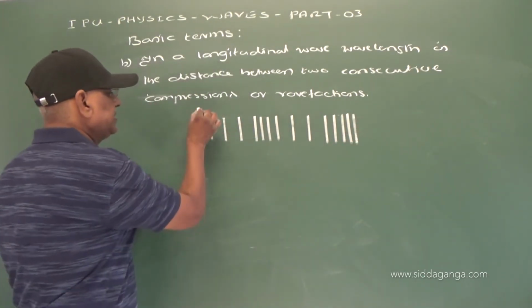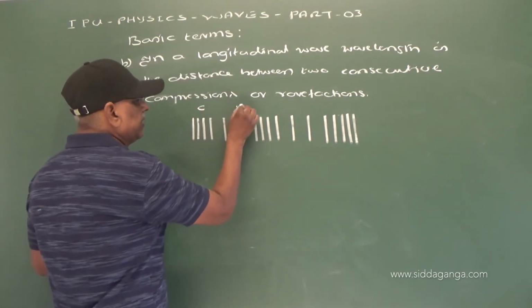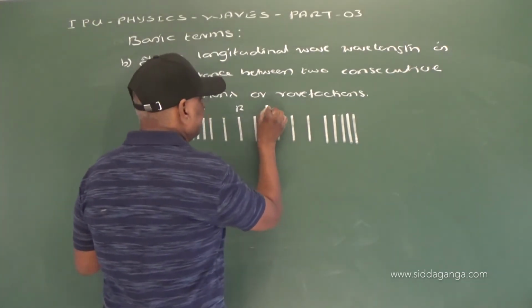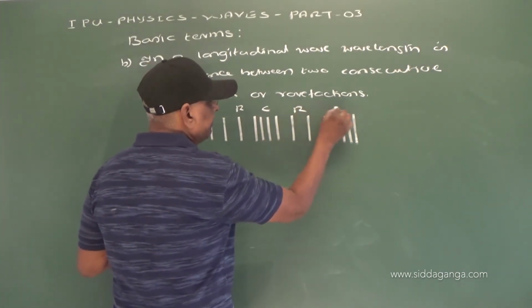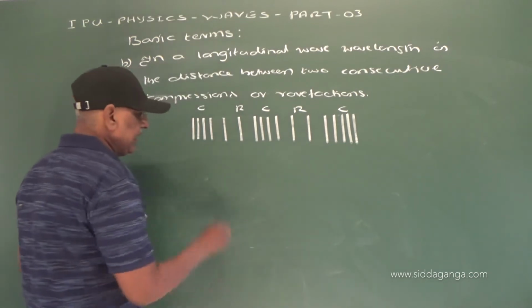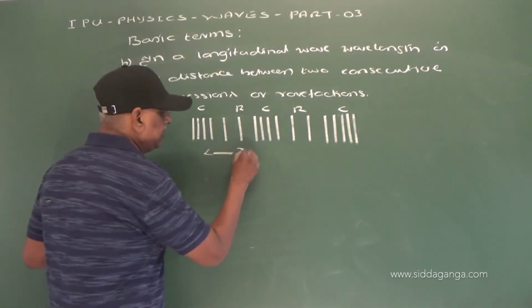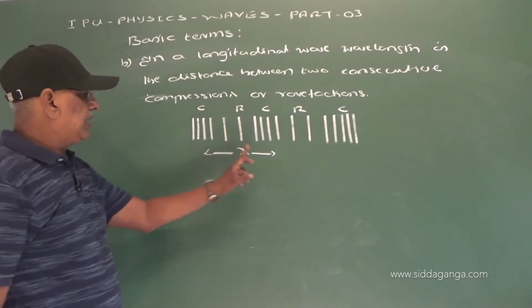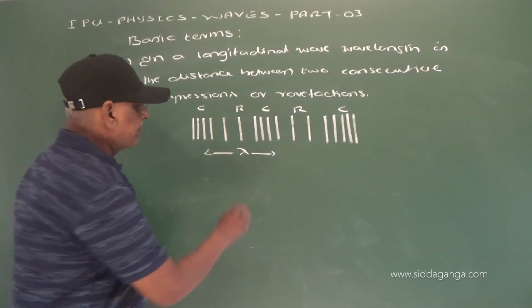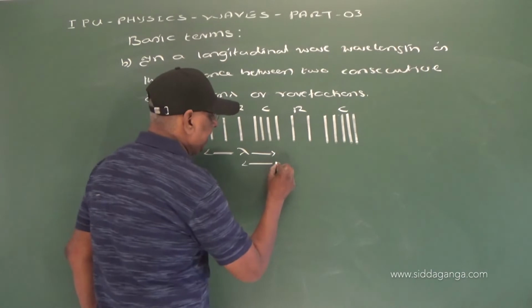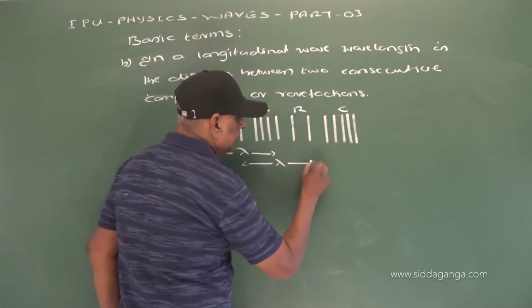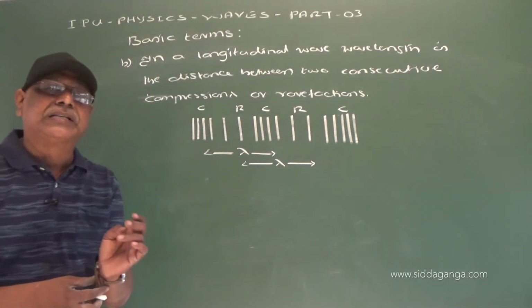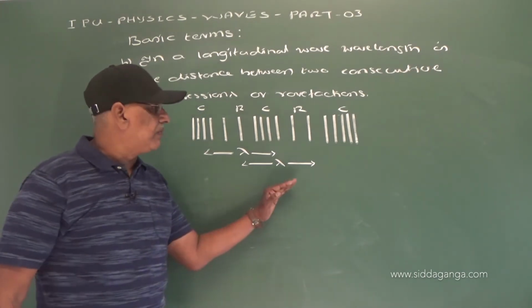See here, this is compression, rarefaction, compression, rarefaction, compression. Here, the distance between two consecutive compressions is equal to the wavelength, and the distance between two consecutive rarefactions is also equal to the wavelength.